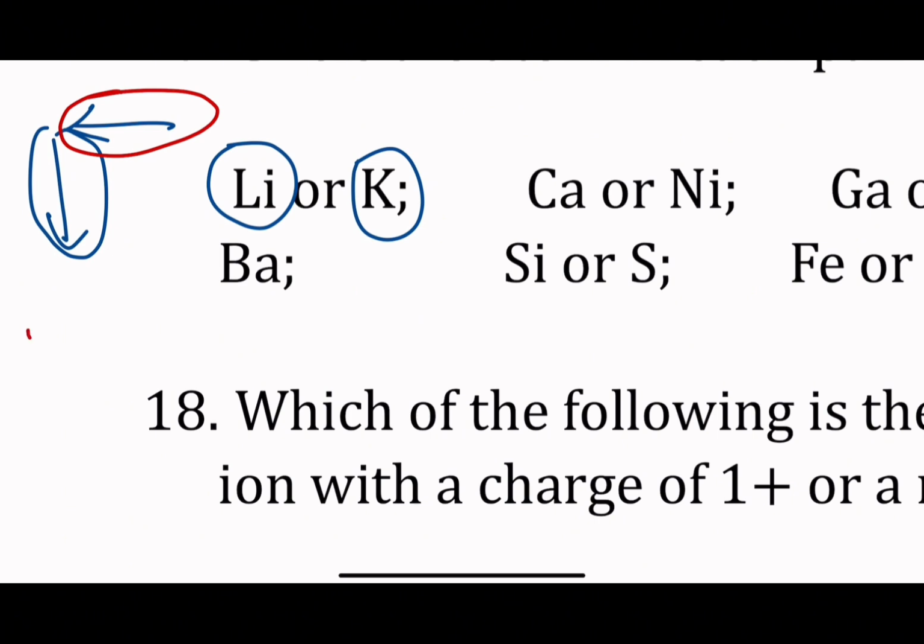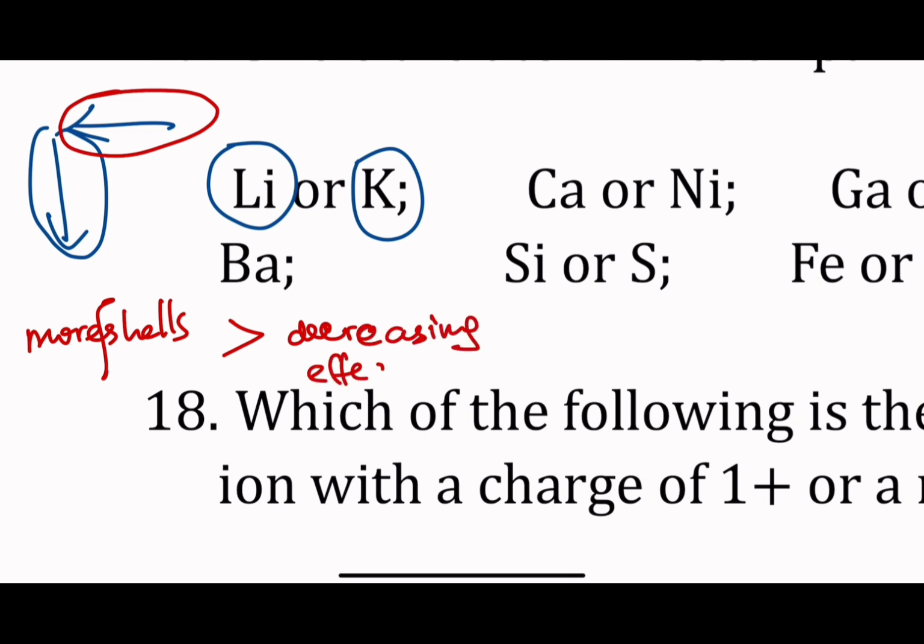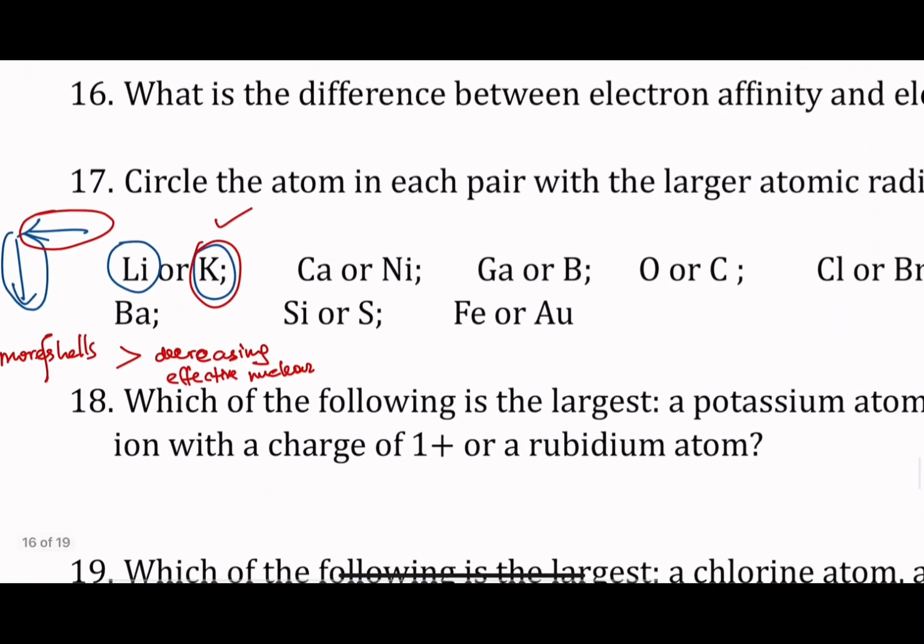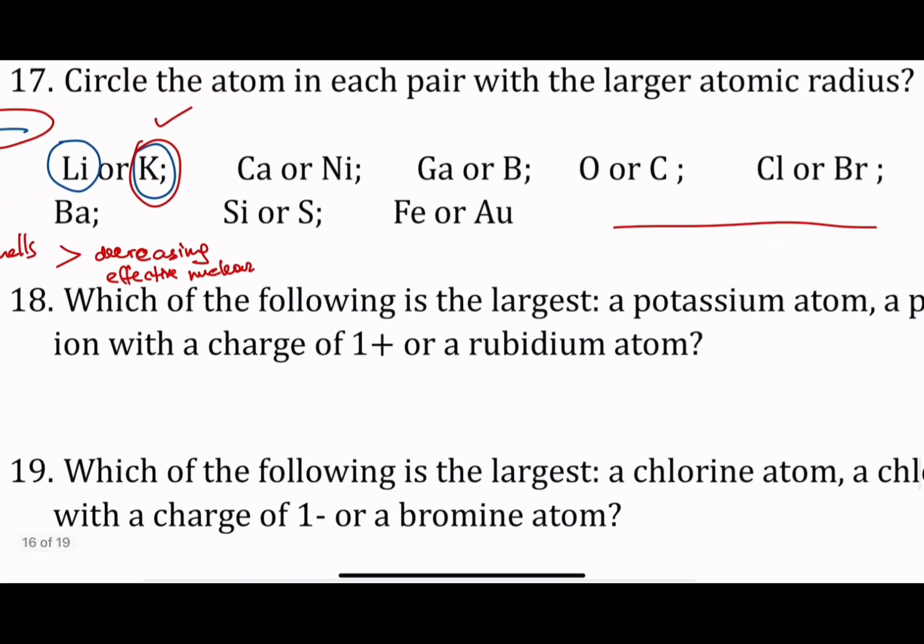More shells has more effect than decreasing effective nuclear charge. So that's why in here potassium will have a bigger radius than lithium. And you can check out all the other ones like that.